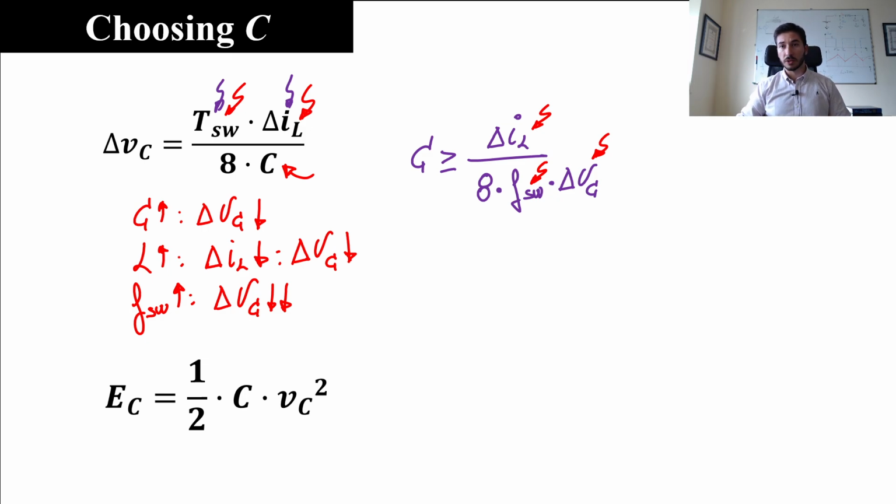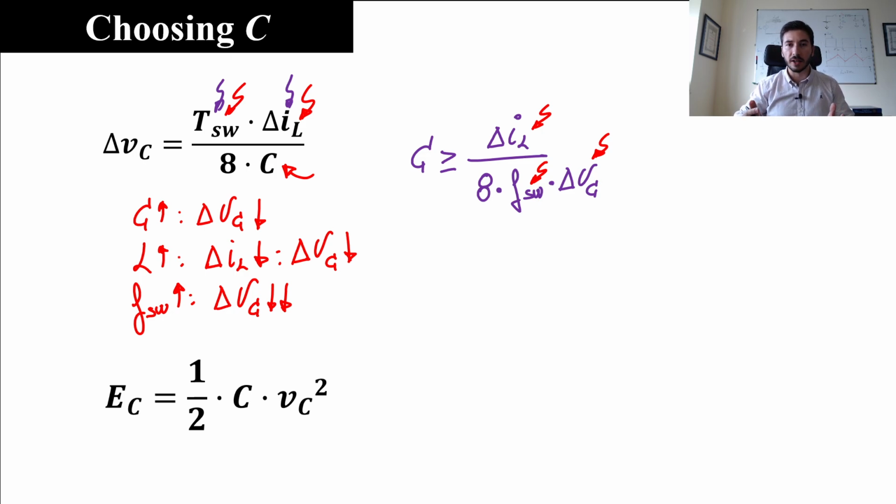So in practice, we choose a capacitor whose voltage rating is higher than the output voltage, but close to that value. We don't choose a much higher voltage rating, basically because if you do that, you will penalize the size of the converter, of the circuit.